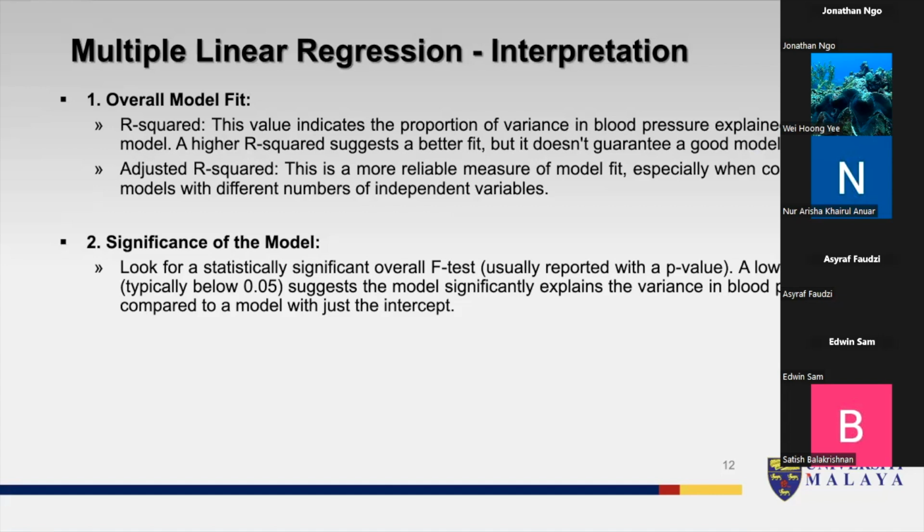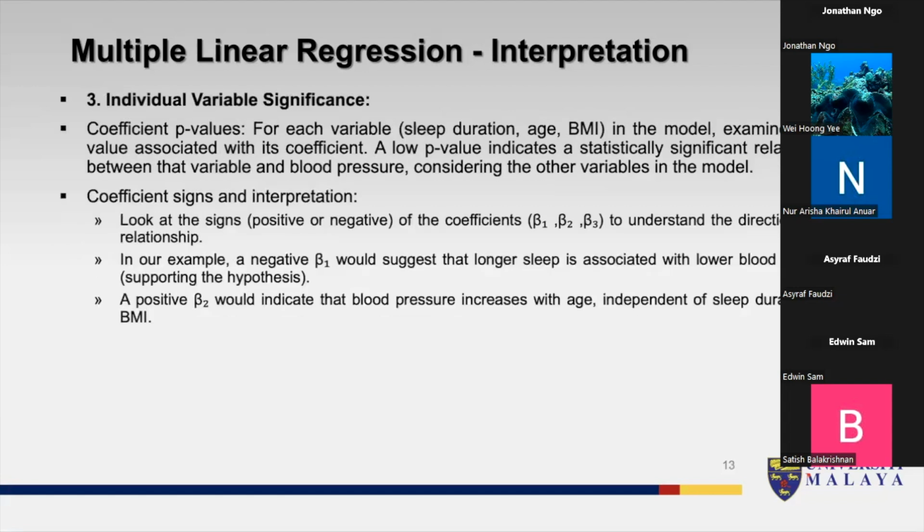SPSS provides it, and if the value is close to 1, it means that your model is actually good to predict the relationship for your research. And then you also need to see the value of the F-test and the p-value, whether it's statistically significant.